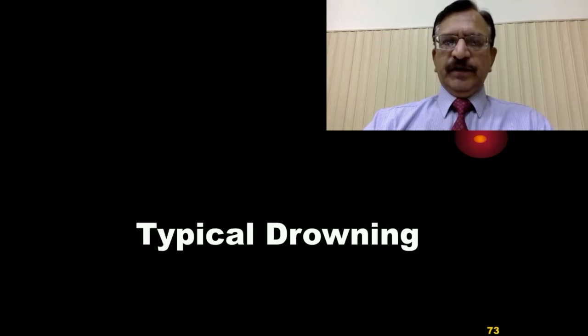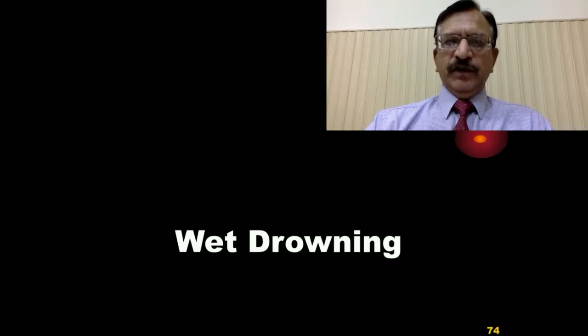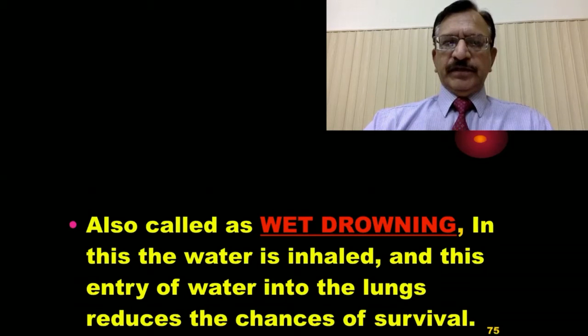Now, starting with typical drowning, which is also called wet drowning, because in this the water is inhaled. That means water actually enters into the lungs and interferes with the process of respiration, and this entry of water into the lungs reduces the chances of survival.